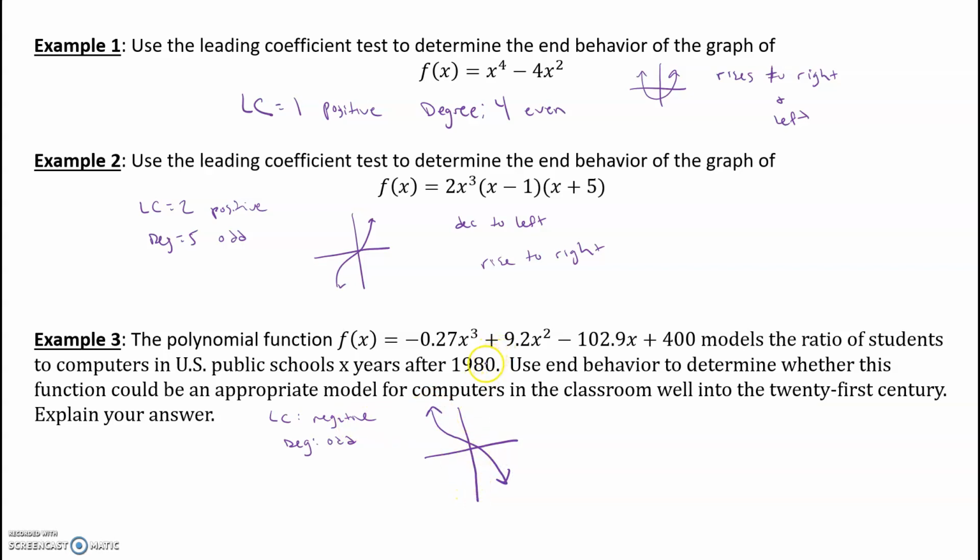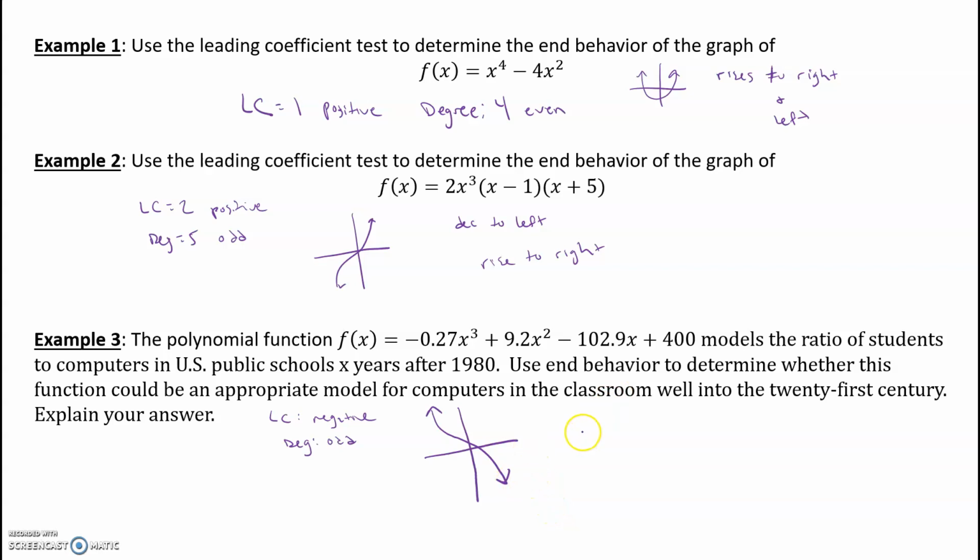So understand what this is saying. x years after 1980, notice where my graph's going. How can you have a negative computer ratio? Because this is going to keep going and going and going. So even if my graph is off, it's still going down forever. Eventually we're going to be getting into negatives.